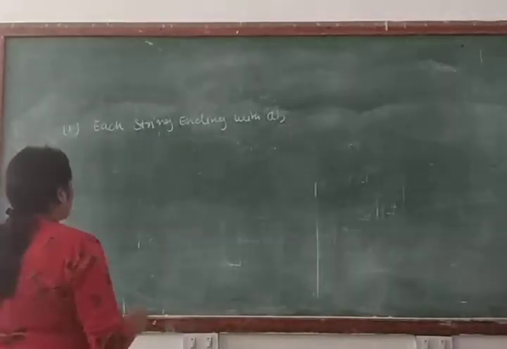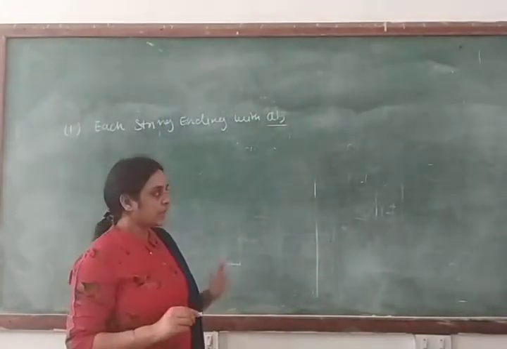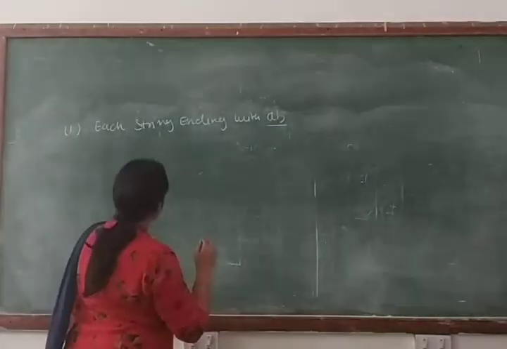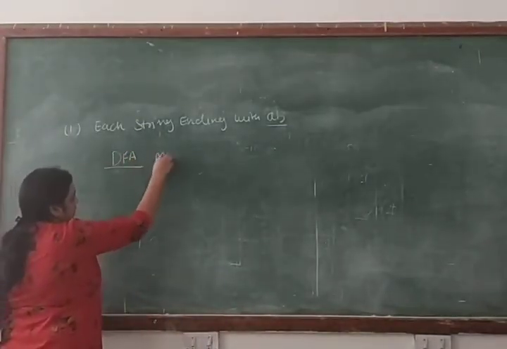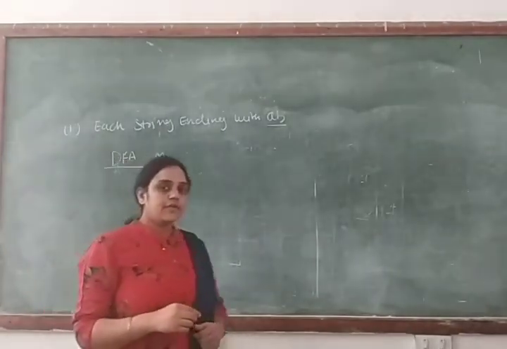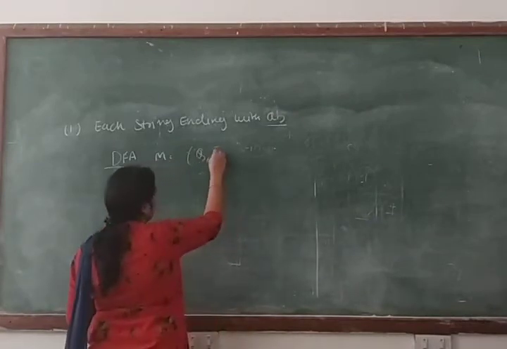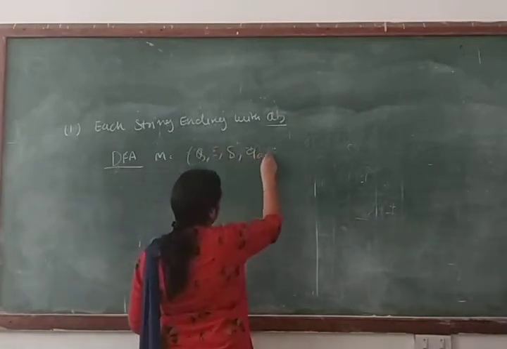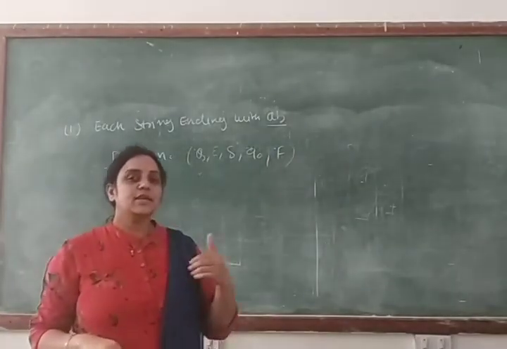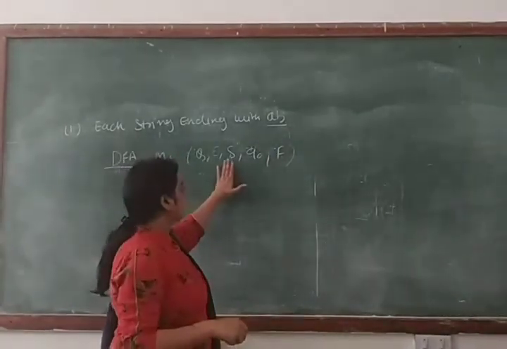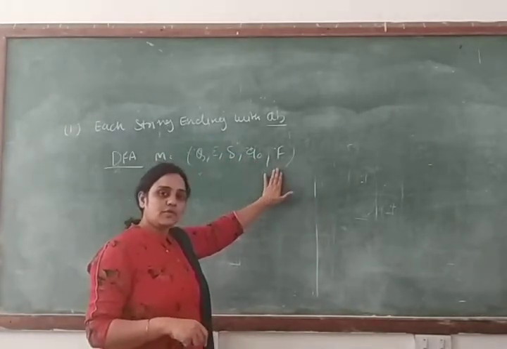Here you can clearly see that you have two input symbols, small a and small b. Then what tuples will we include in the DFA definition? In the formal definition of DFA, you will include 5 tuples: capital Q, sigma, delta, Q0 and capital F. Where capital Q is the set of states, sigma is the set of input symbols, delta is the transition function, Q0 is the initial state and capital F is the final state.